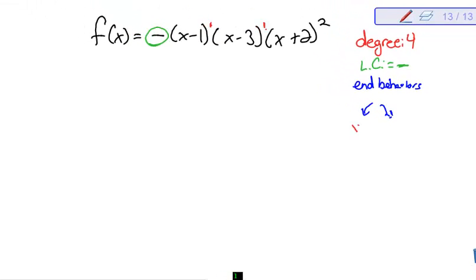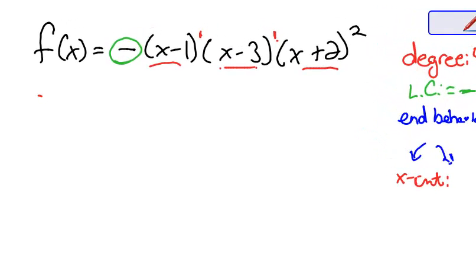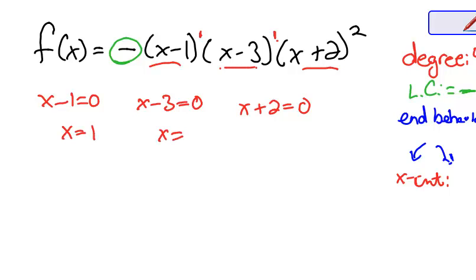To find my x-intercepts, I set each one of these equal to 0. So I'm going to say x - 1 = 0, x - 3 = 0, and x + 2 = 0. So I've got x is equal to 1, x is equal to 3, and x is equal to -2. Have to be careful here. Notice this.